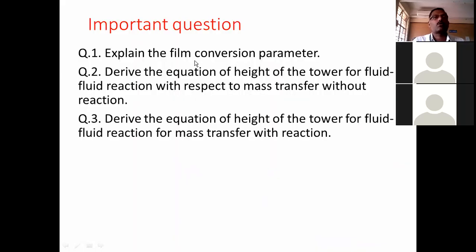So these are the important questions. First, explain the film conversion parameter. That is important. We have already defined the N value, and based on this N value we can tell whether the reaction occurs in the film or in the bulk of the liquid.